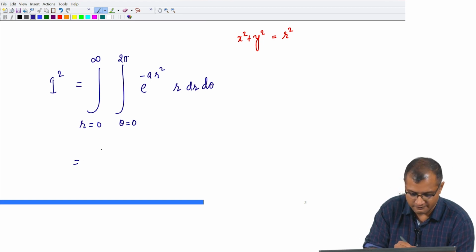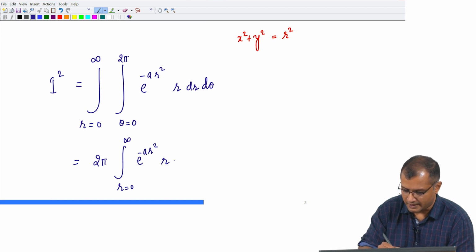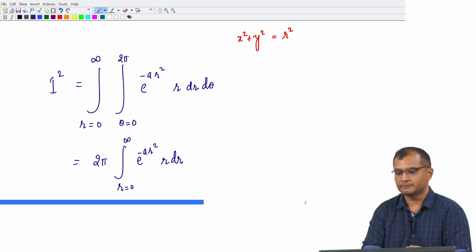So, that would simply give me 2 pi, and the integration on r would become just e to the power minus a r square into r dr. Okay.